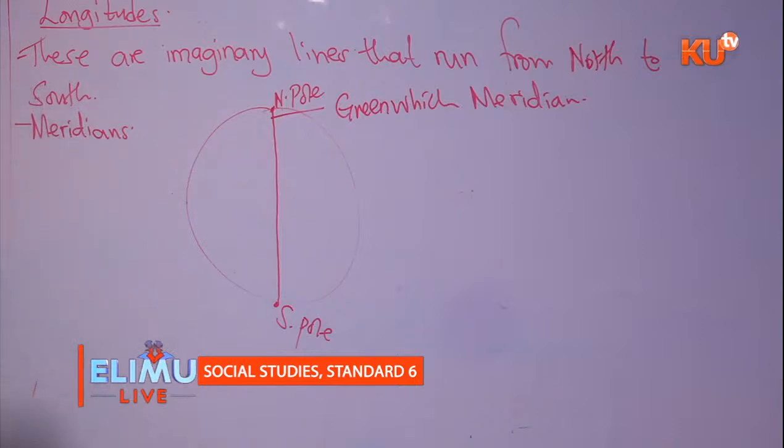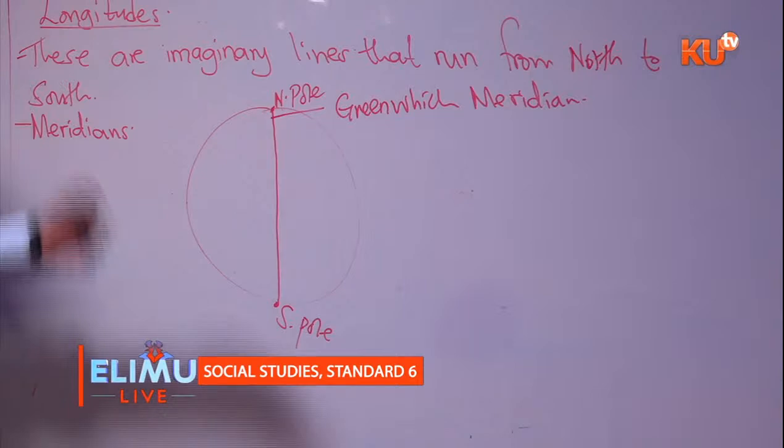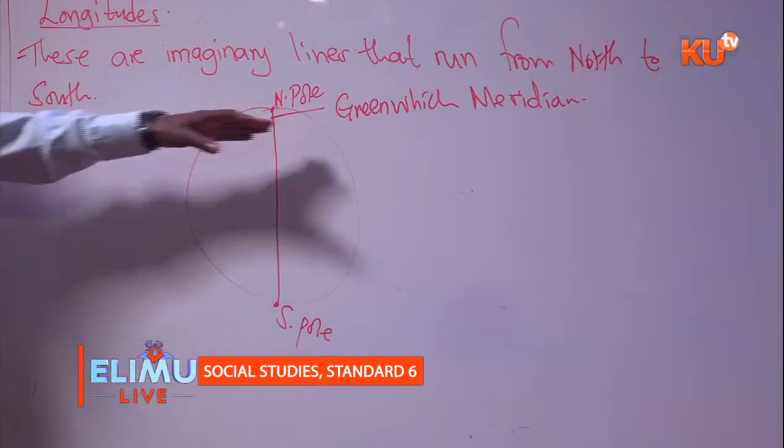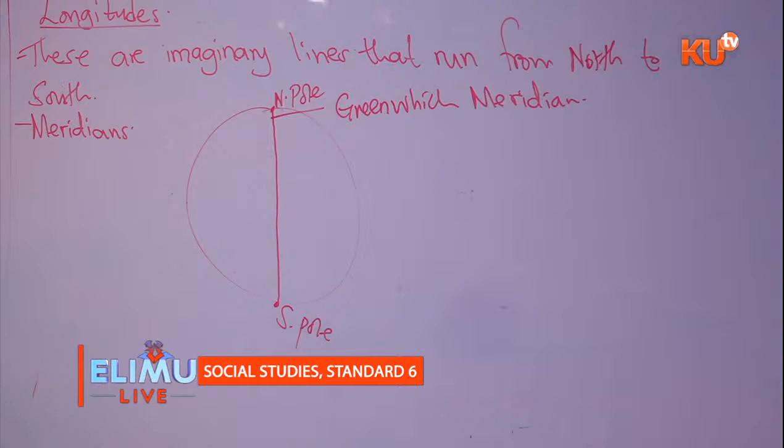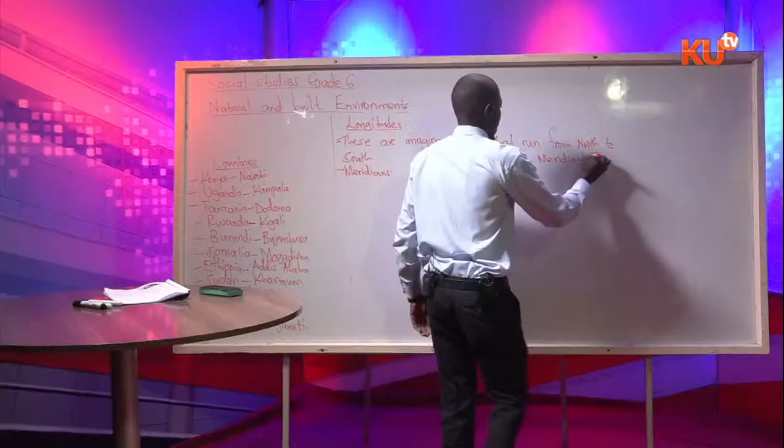And dear students, why is it called Greenwich? You could be asking yourself. It's called Greenwich because it passes through London, at a place called Greenwich Town. And that is where it gets the name. In Africa, the prime meridian passes through Accra in Ghana, because Kenya is to the eastern side of the Greenwich, or another name for Greenwich is prime meridian.